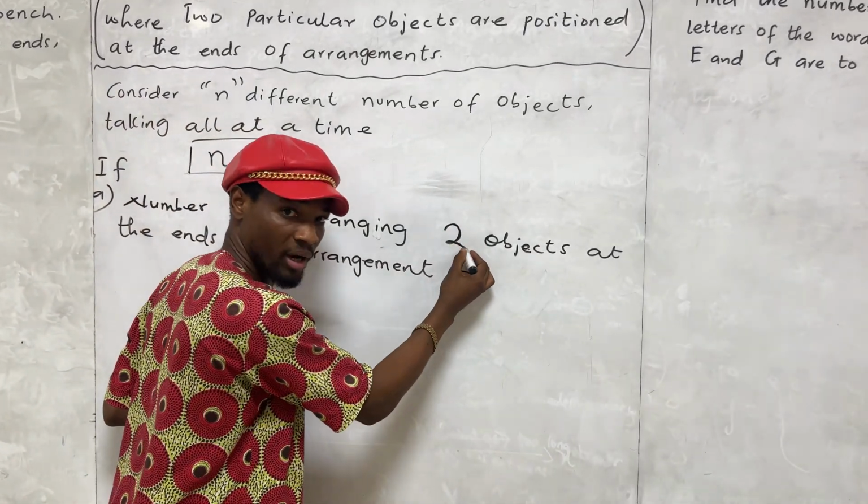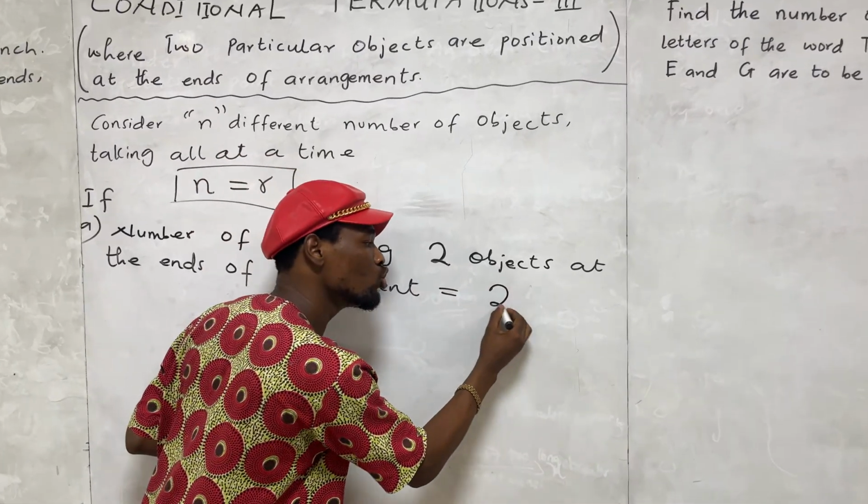The number here is 2, right? So we are going to have 2 factorial.